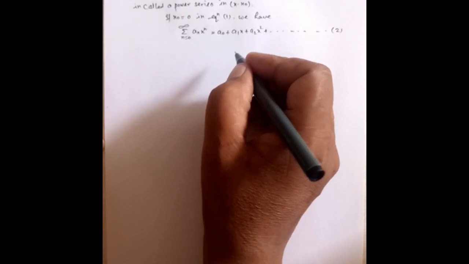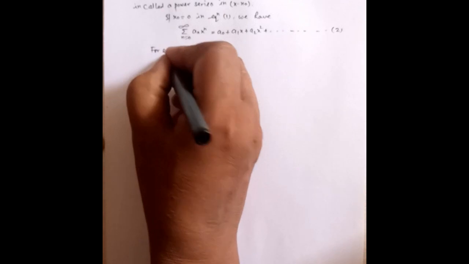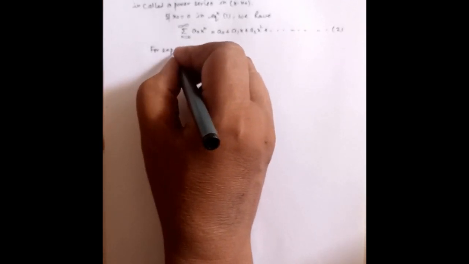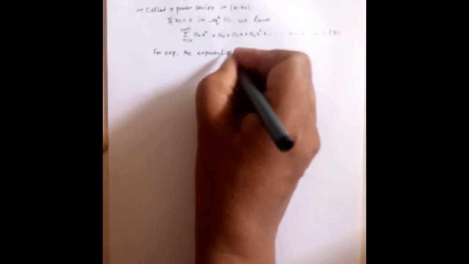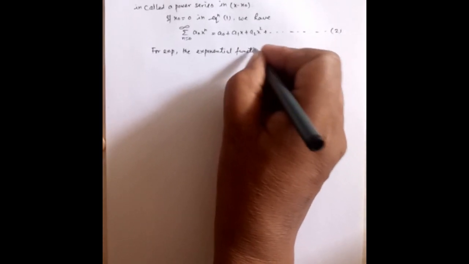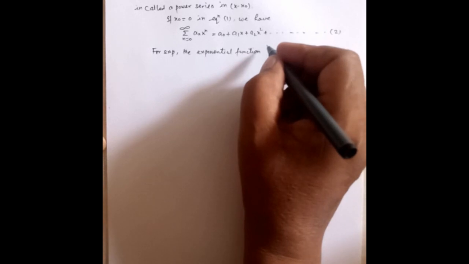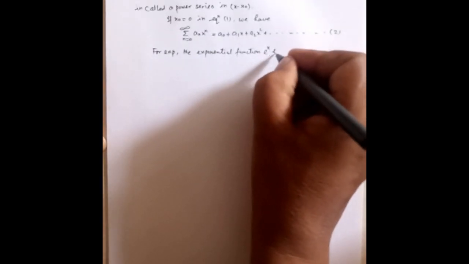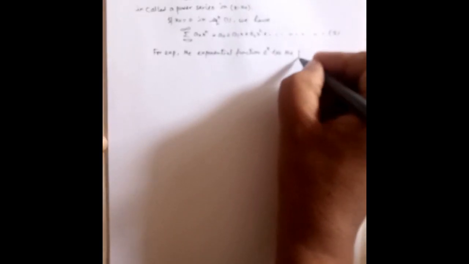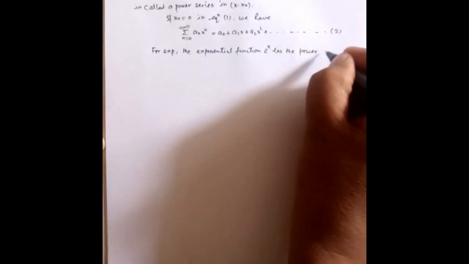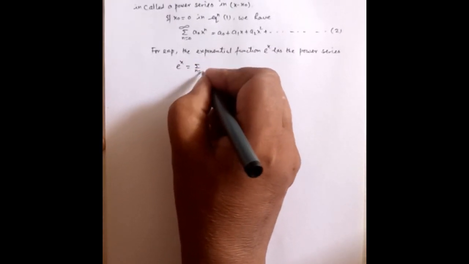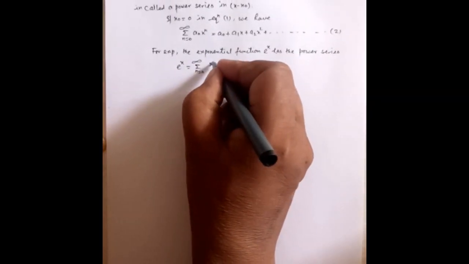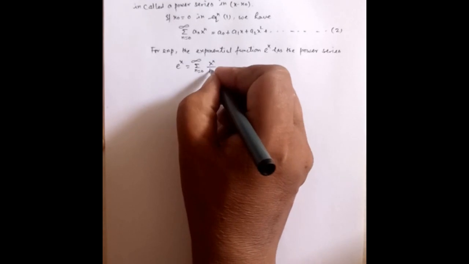For example, the exponential function e power x has the power series e power x equal to summation n equal to 0 to infinity x power n upon factorial n.